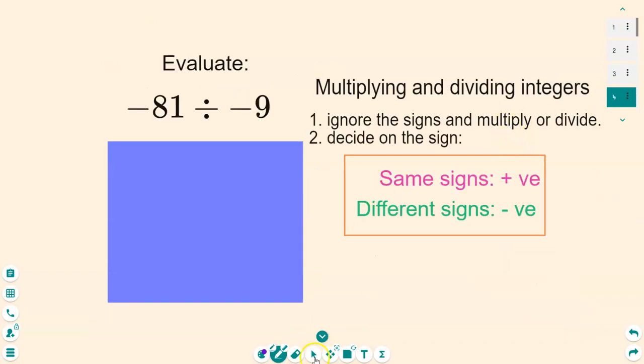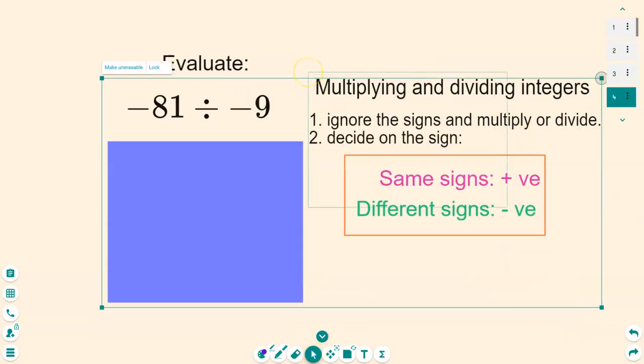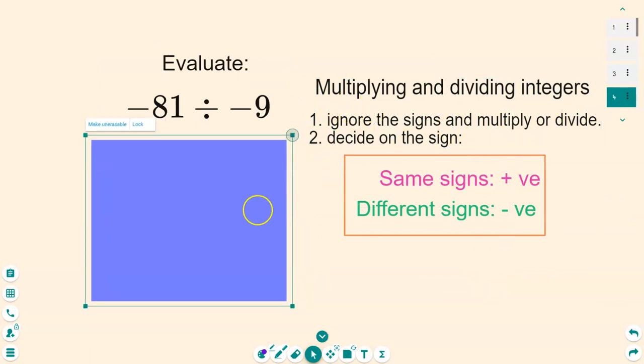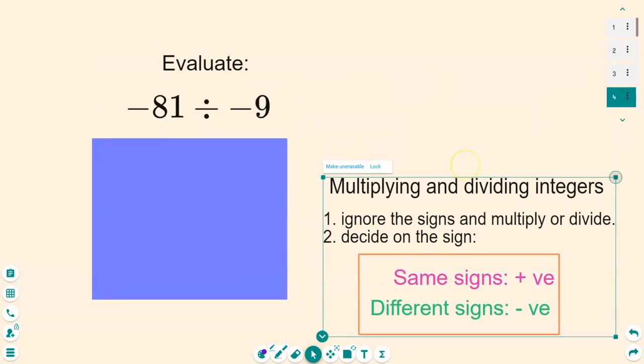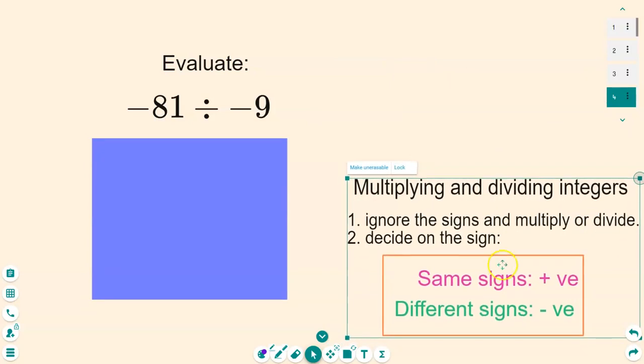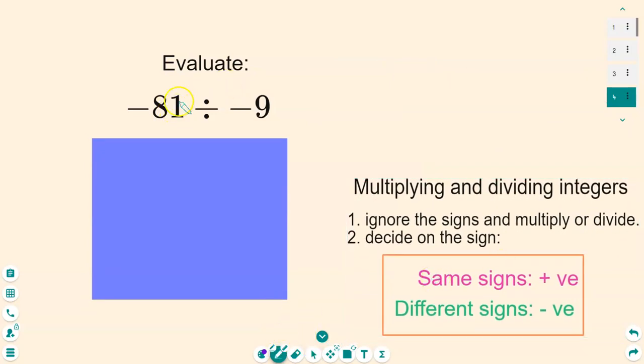And let's just keep flying through it. So 81 divide 9, or 9 times what gives me 81? 9. And then we have the same signs, a negative and negative. Same signs means positive, so your answer can stay like that. You don't need to write the positive sign.